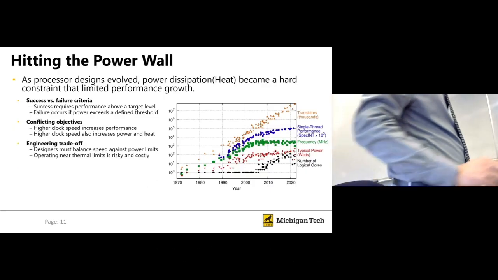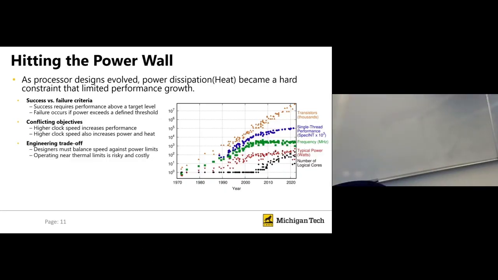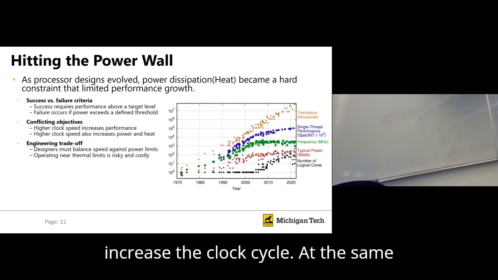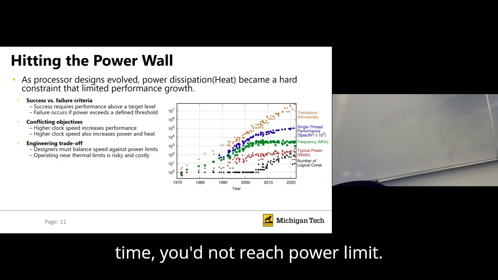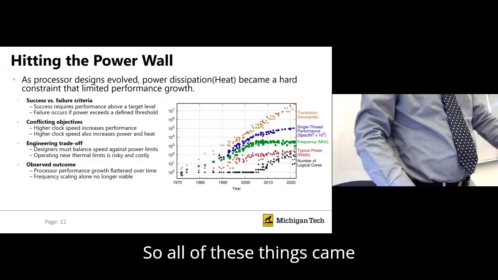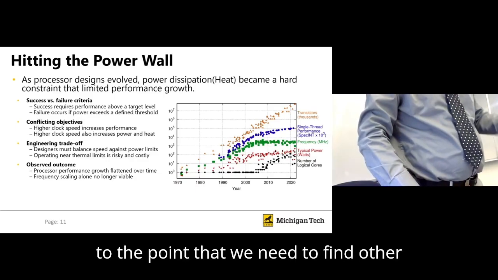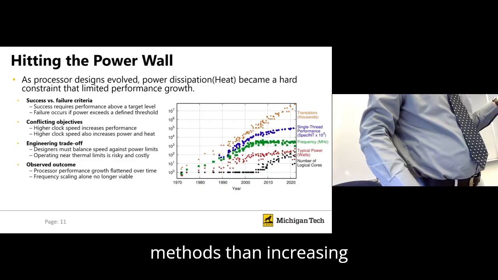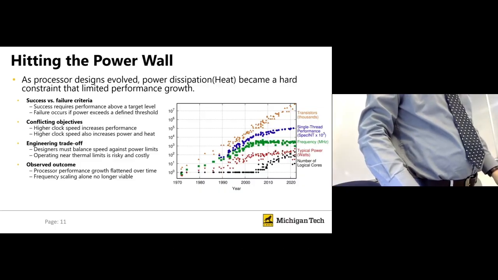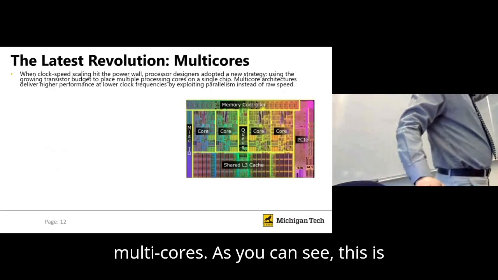It gave engineers a trade-off, because to increase performance you should increase the clock rate, and at the same time you must not reach the power limit. So all of these things led to the point that we need to find other methods than increasing the clock rate. And that came with multi-cores.